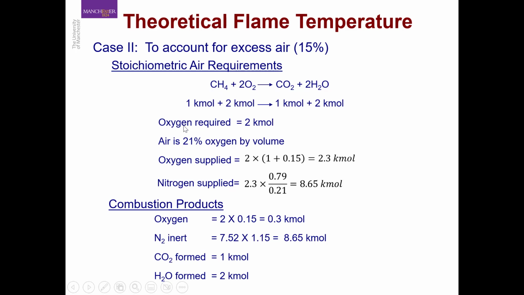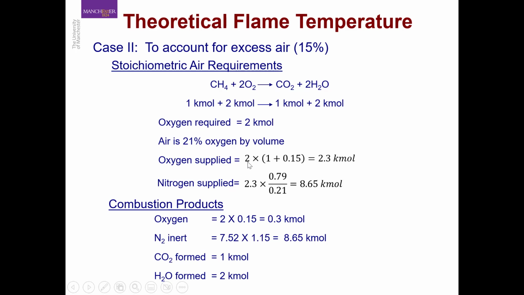So we know that 2 kilomole of oxygen is required to burn 1 kilomole of methane, and now we have 15% excess air. So we need to calculate how much nitrogen will be supplied, and if there will be some remaining oxygen in the flue gases. So we know that air is 21% oxygen by volume, and using this logic, we can calculate how much oxygen is provided.